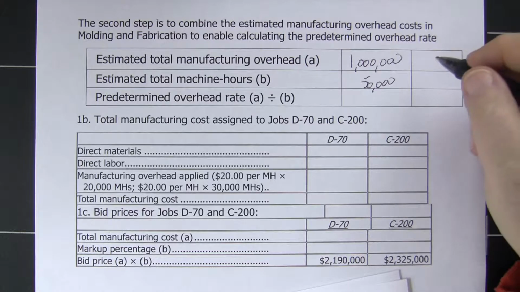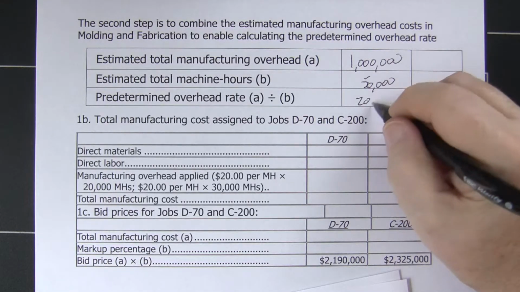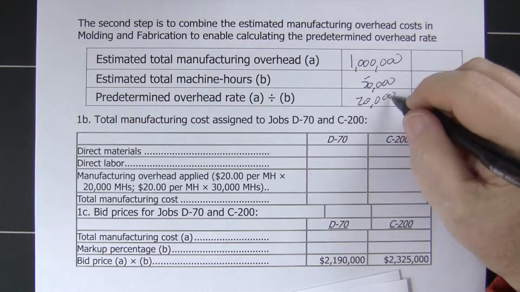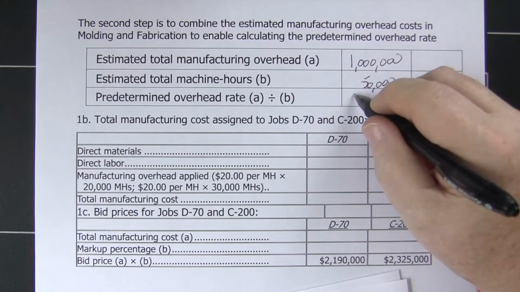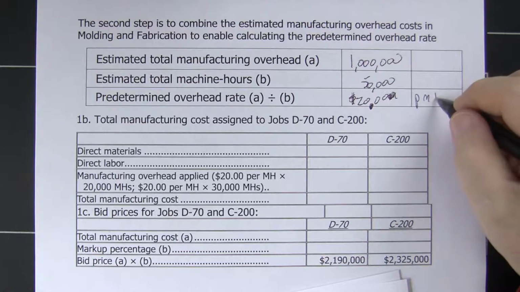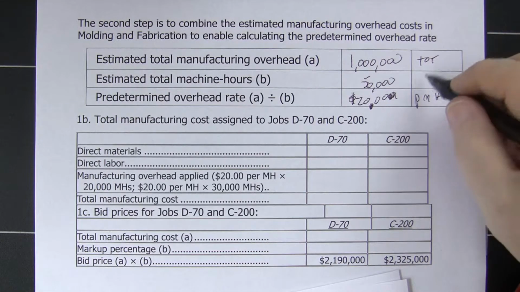And when we do that math, we come up with $20 per machine hour. That's the total overhead.